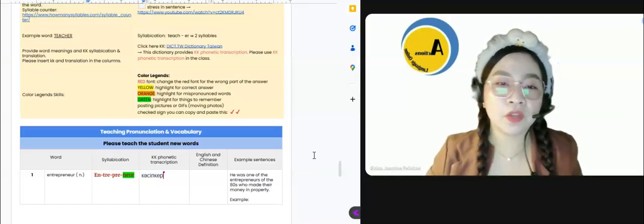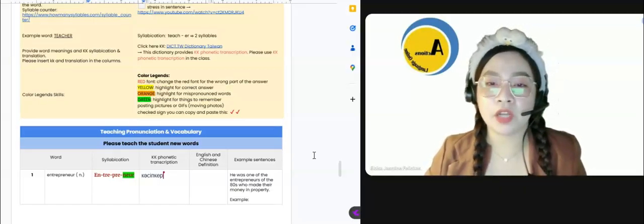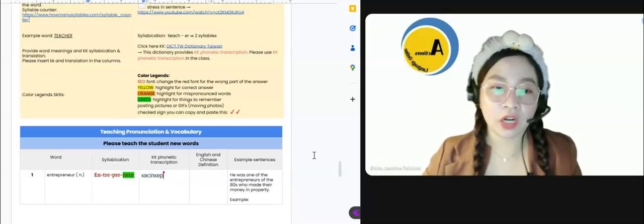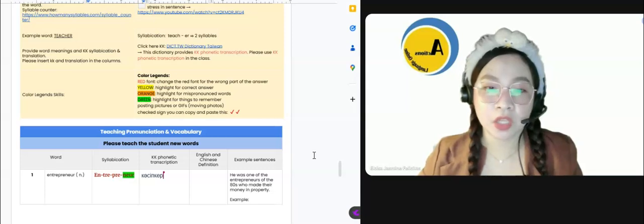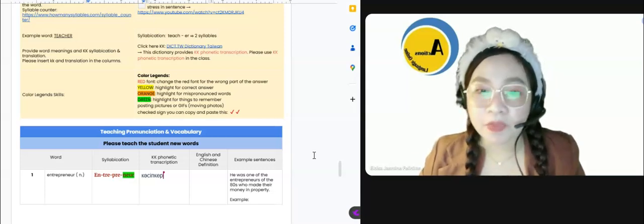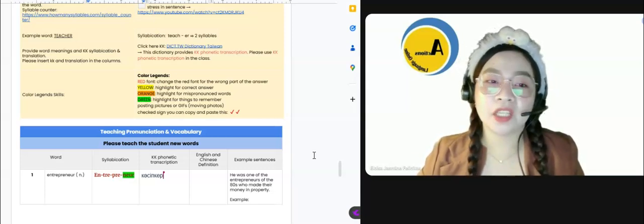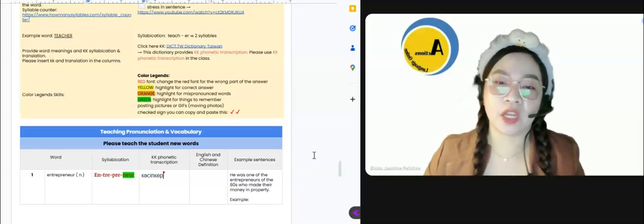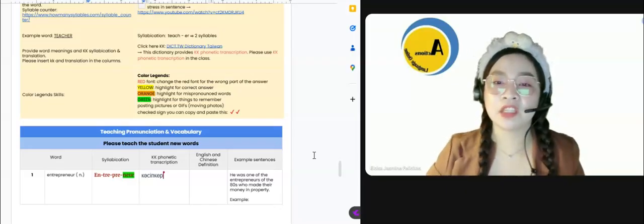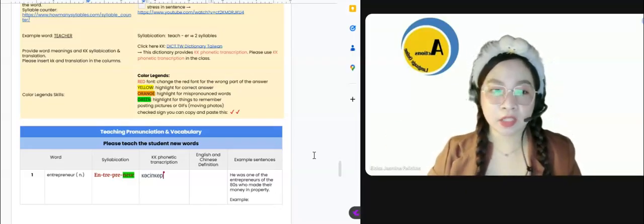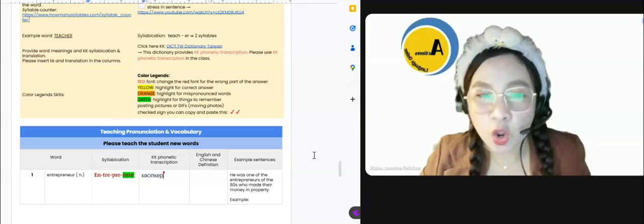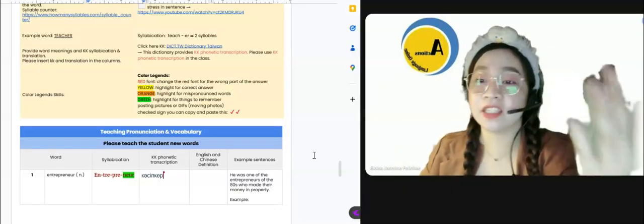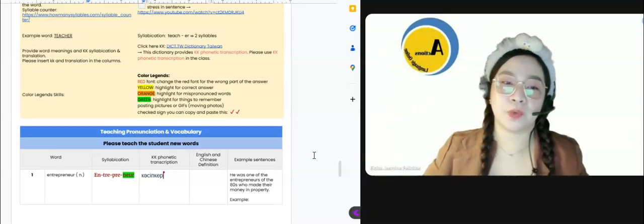And what about the definition? What do you know about entrepreneur? As we discussed earlier, entrepreneur is synonymous with a business person, a businessman, or a businesswoman. But anyhow, I'm still going to write down the definition here. It means a person who organizes and operates a business or businesses, a business person, a businessman, or a businesswoman.